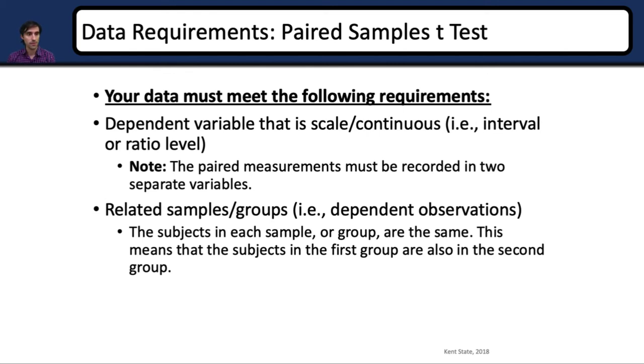And they must be related samples or groups, also considered dependent observations, meaning they have to be the same. So if I tested the class on something, then I better collect data specifically for student A. Their data must line up with student A when I do, say, a post-test, so they just have to match.